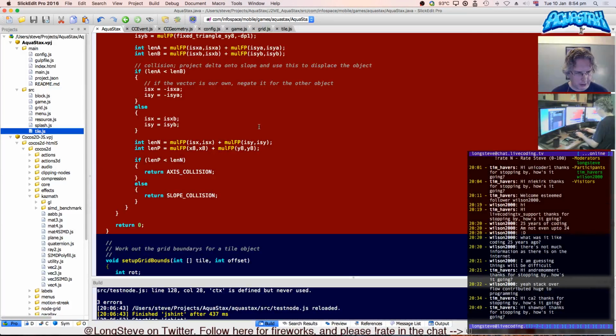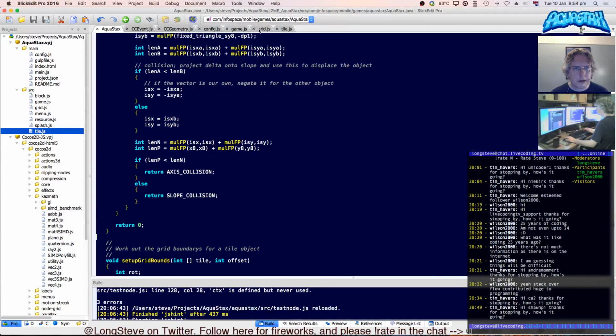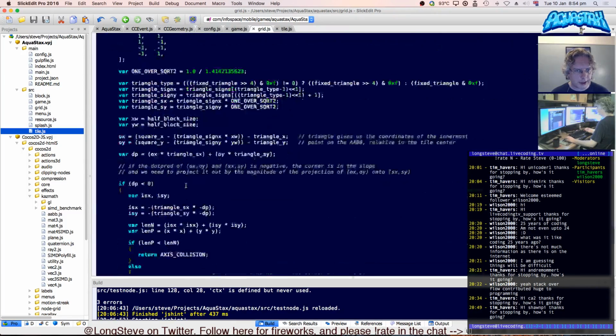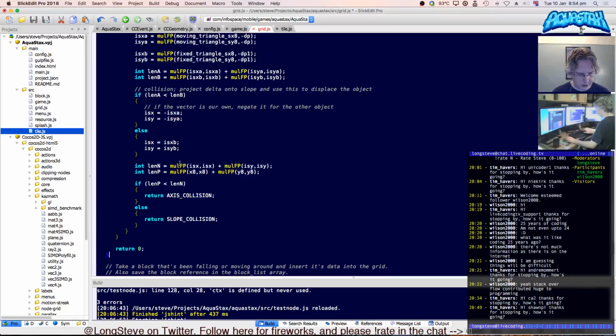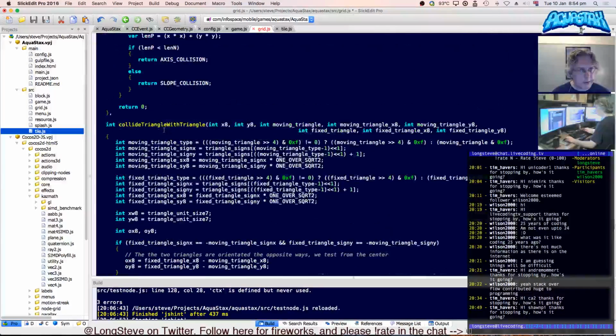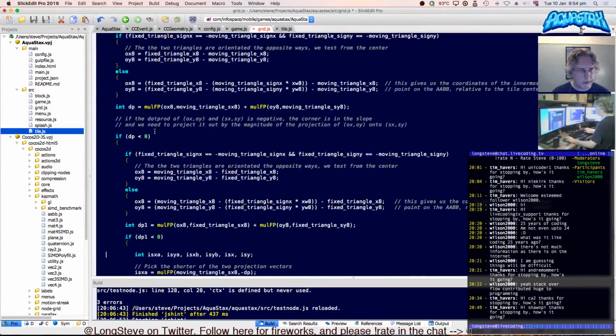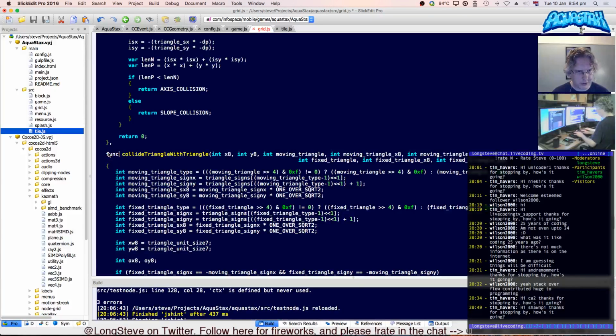So, grid. There we go. So function. Now what am I doing? Collide triangle with triangle colon function. X8, Y8.